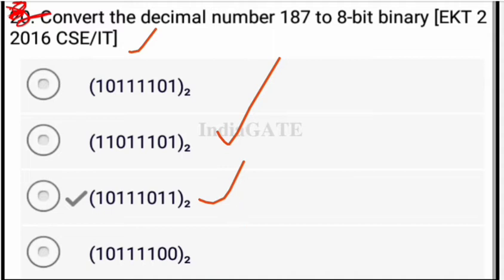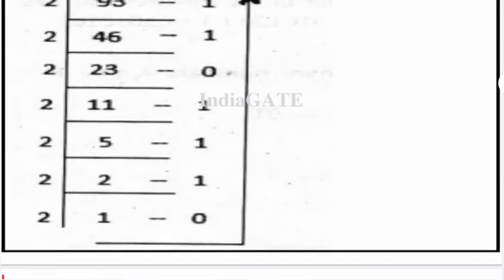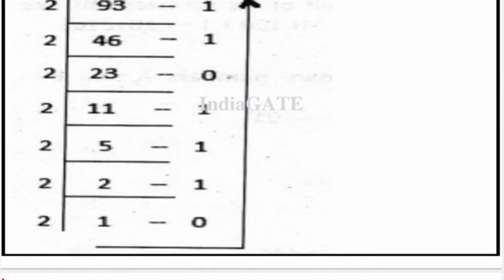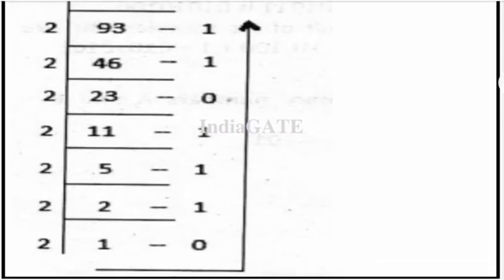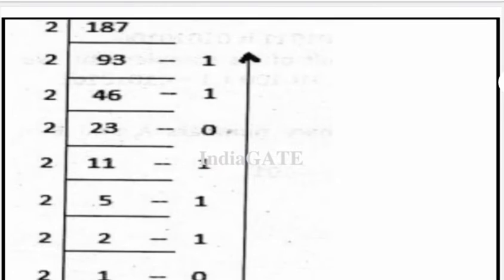Now come to the solution of this question. The solution is defined here after converting 187 into binary; we just get the remainder of the value.